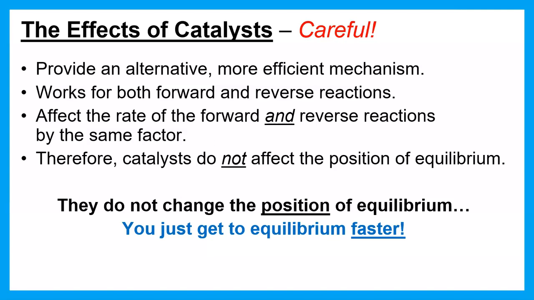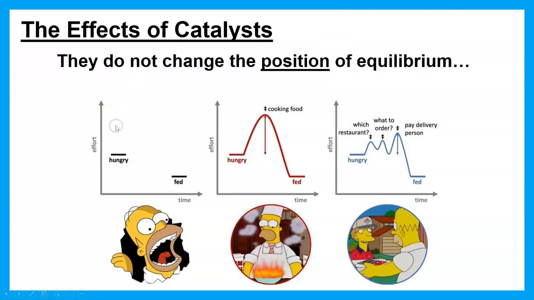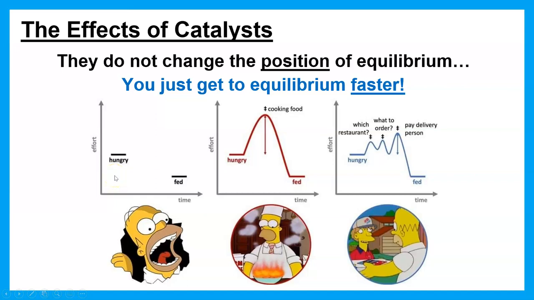There's a really funny cartoon that shows this, okay? I don't know if you're familiar with The Simpsons or not, but it's a kind of a funny cartoon picture here. So trying to emphasize you don't change your positions, you just get there faster. So in this silly graph, our starting point is that he's hungry and he's trying to get fed.